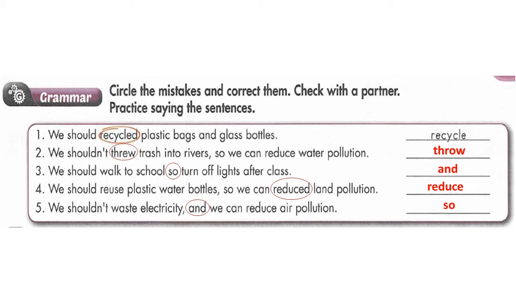We will use and if we are giving more information. Here, we can reduce air pollution is not another piece of information for not wasting electricity. Thus, we will use so instead of and. We shouldn't waste electricity so we can reduce air pollution.